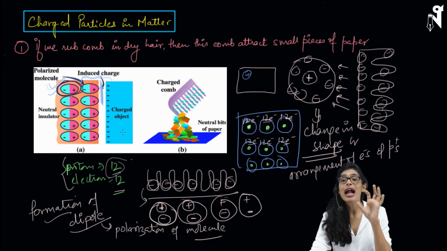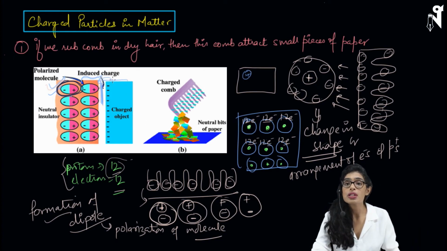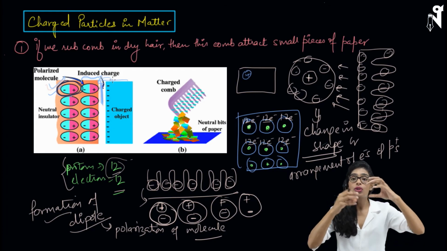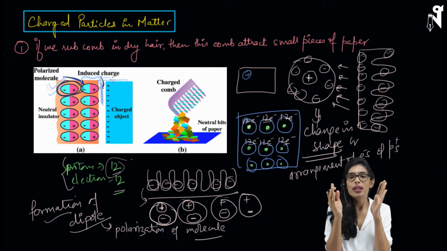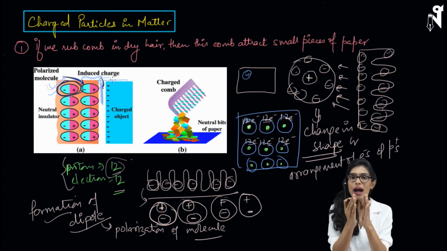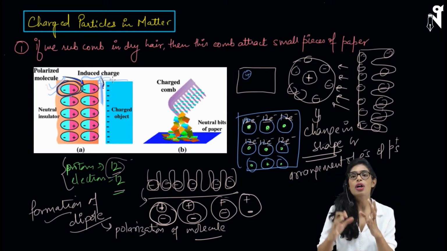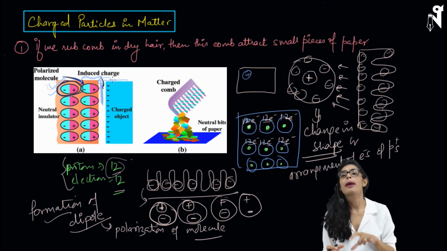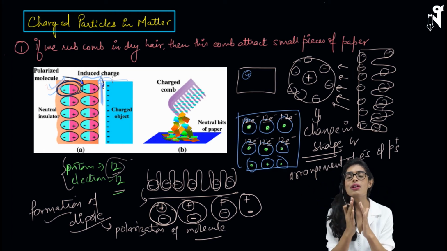So for that moment, till the time the comb is closer to the pieces of paper, positive ends of the atoms or molecules of the piece of paper will come closer to the comb, and because the positive charge of the paper and the negative charge of the comb are opposite to each other, they will attract each other.